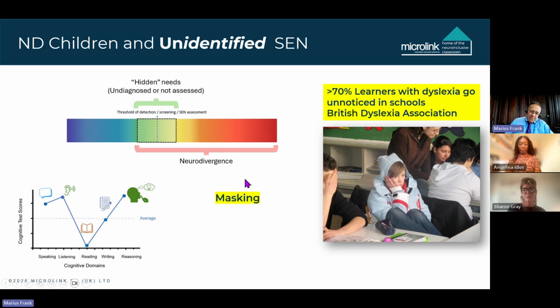Some young people will mask their weakness. The pressure of that can lead to meltdowns on occasions, and in some incredibly worrying cases, it could lead to mental illness even in teenagers. The pressure of trying to fit in.